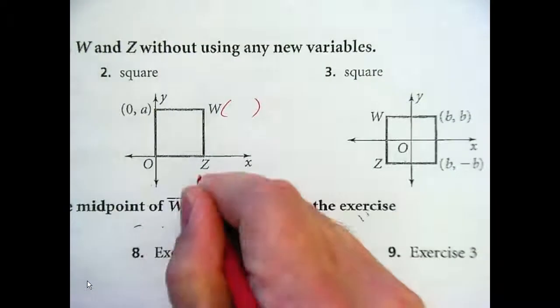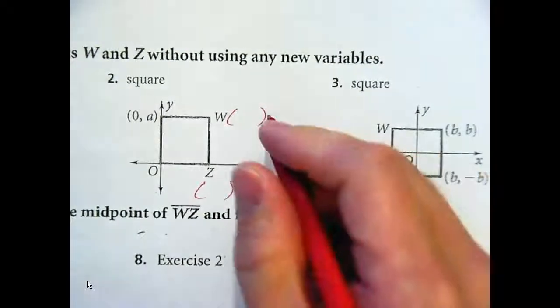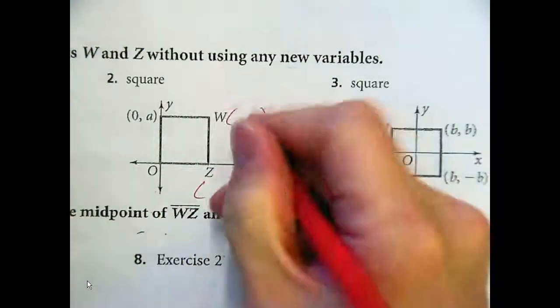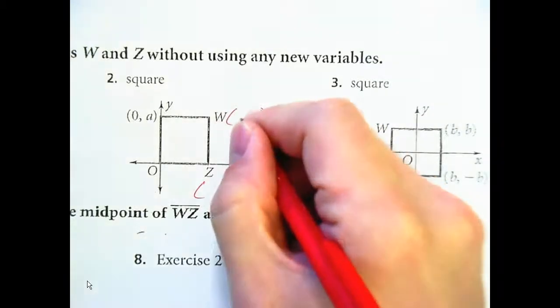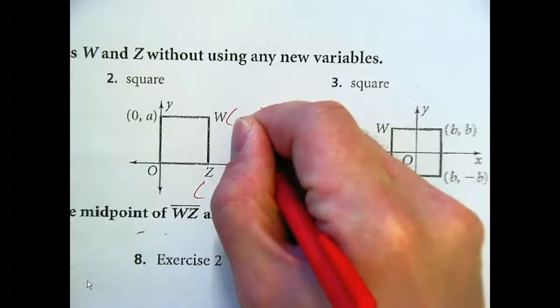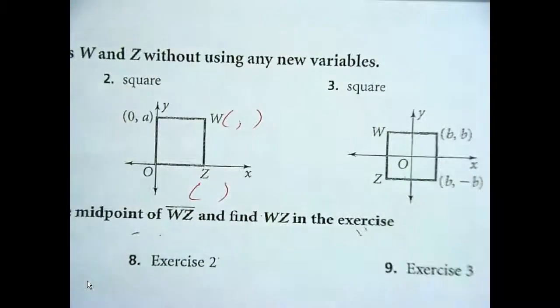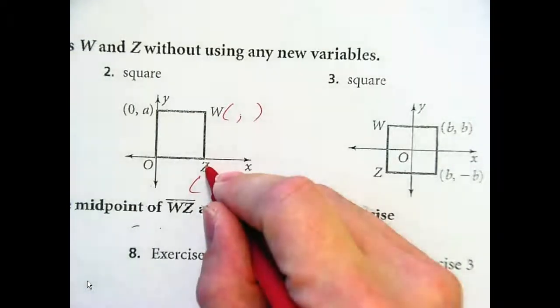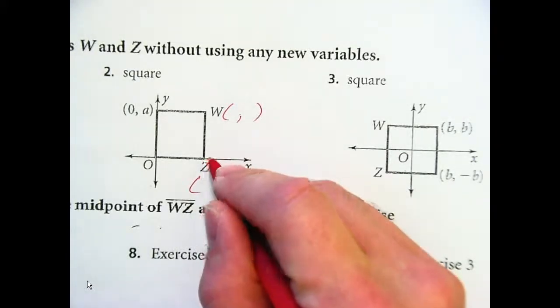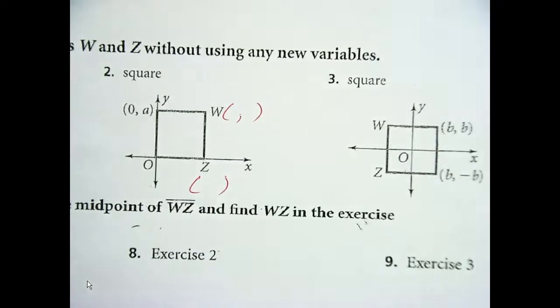Okay, volunteer for W. Maddie Anderson. You got what? I will go with not ZA. We can't use this point because that's a vertex that we're trying to find. True? Could we use B?